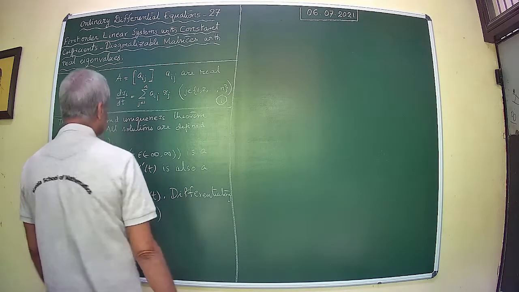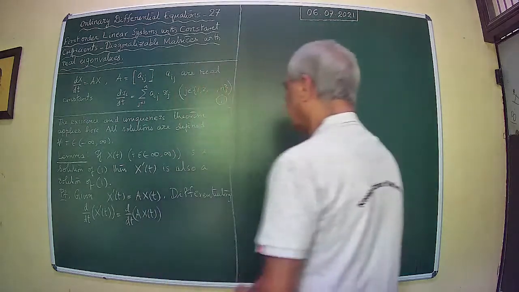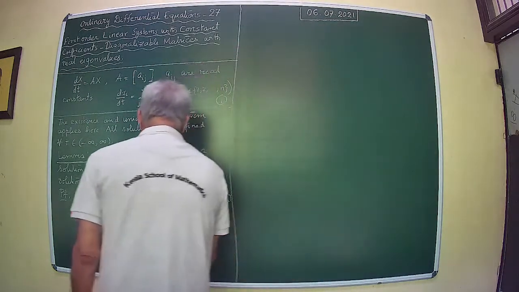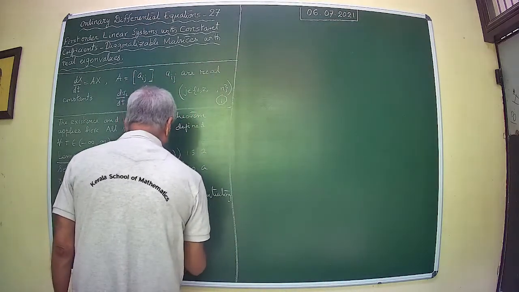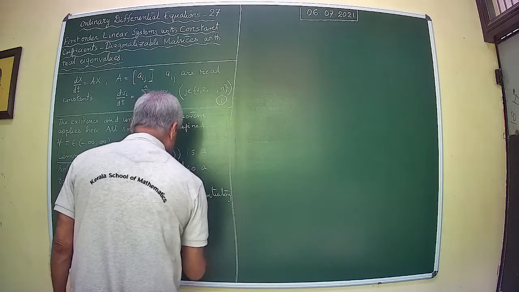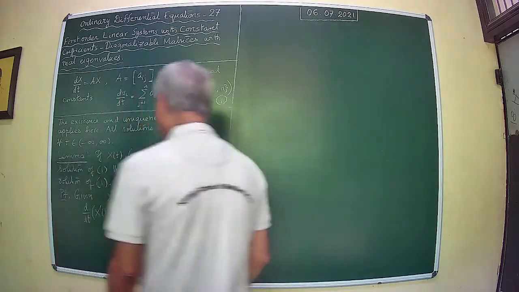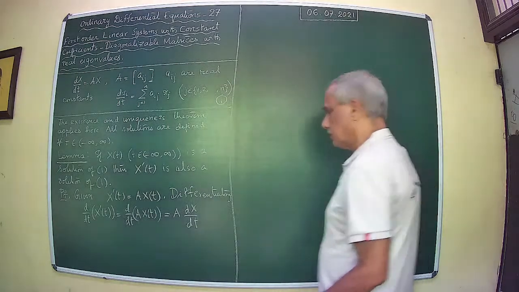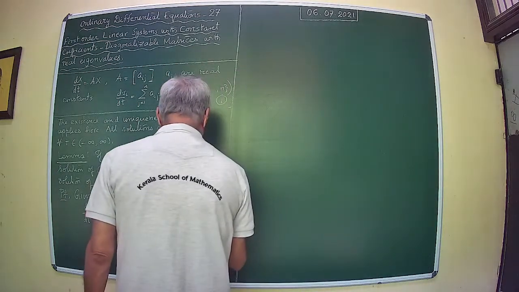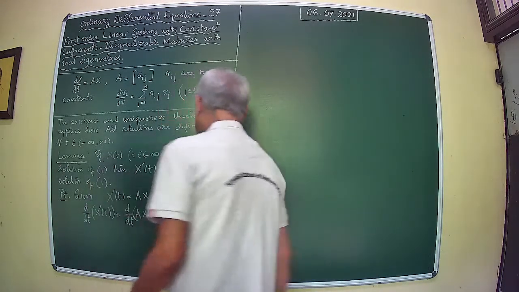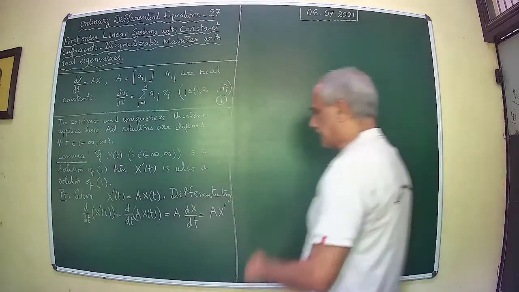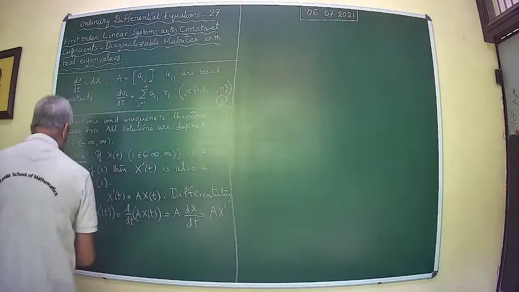Now A is a constant matrix, therefore this is equal to A x prime. So it's clear that x prime is a solution of 1.